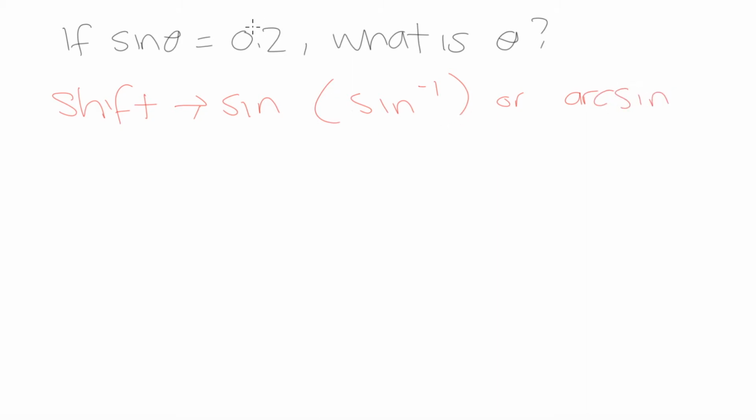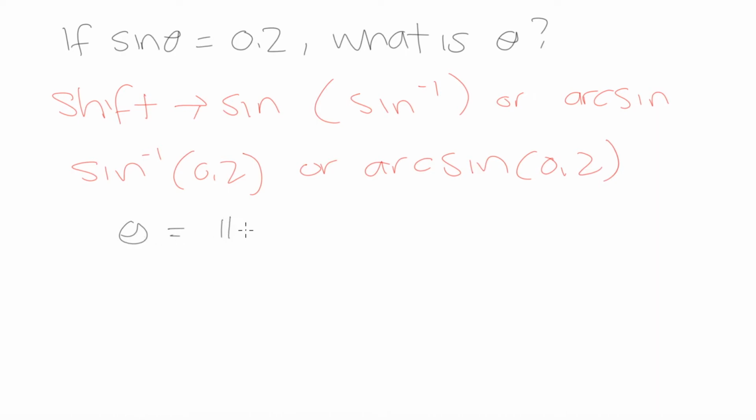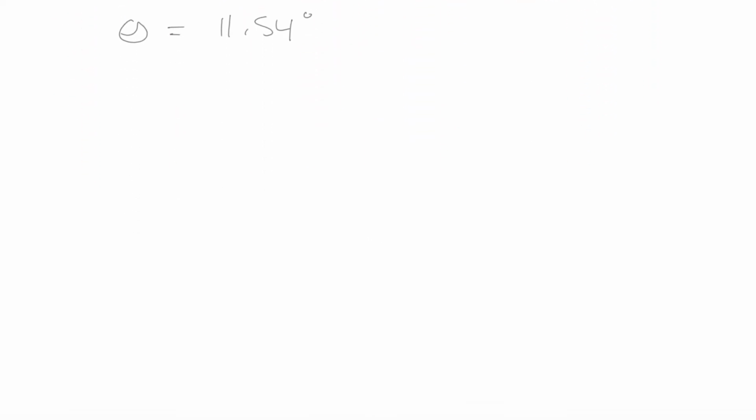If you put in 0.2 for sine negative 1 or arcsine 0.2, and we make sure that our calculator is set to degrees, then we should get a value for theta, and our value for theta is 11.54 degrees.